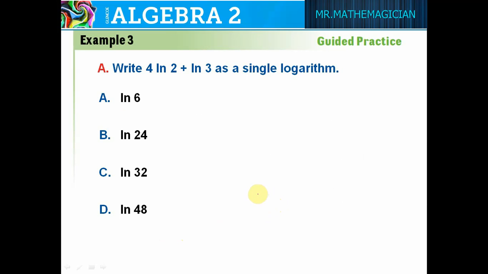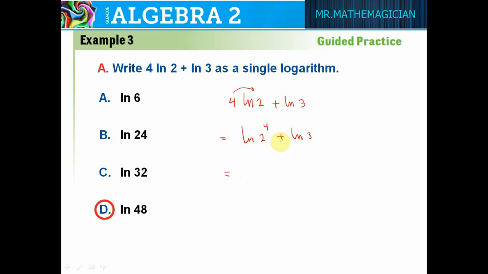Now this is your turn to solve. Pause the video and try to choose the accurate answer, and you will find it D. Let me show you why. The problem is 4 ln 2 plus ln 3. Let's take 4 to the power. So this is ln 2 to the power of 4 plus ln 3.